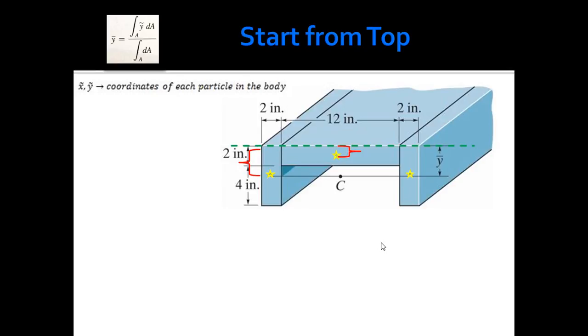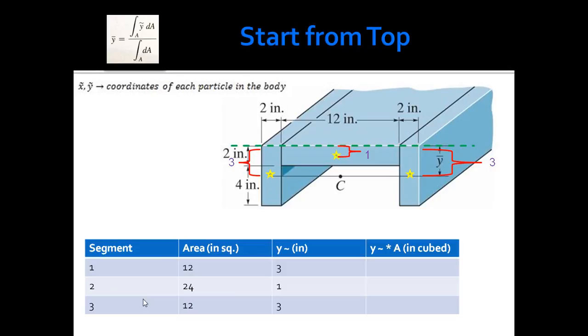And for the third body, it would be the exact same as the first body, so it's halfway down from the top. Here, the total length is 6 inches, so halfway down would be 3. Here, the total length is 2 inches, so halfway down would be 1. And this is the exact same as body number 1. So once again, you just plug all of your y squiggles into the table.